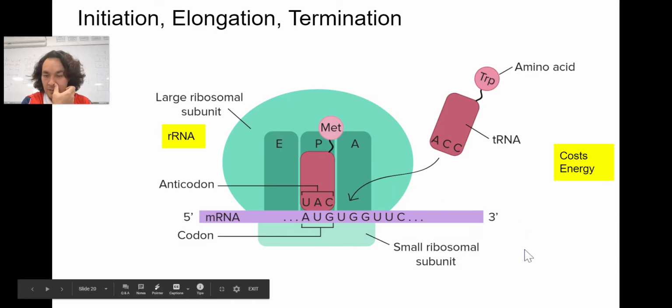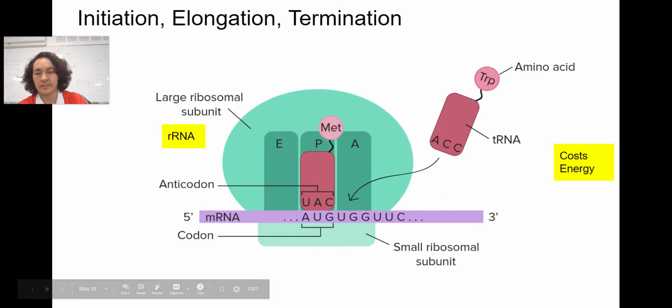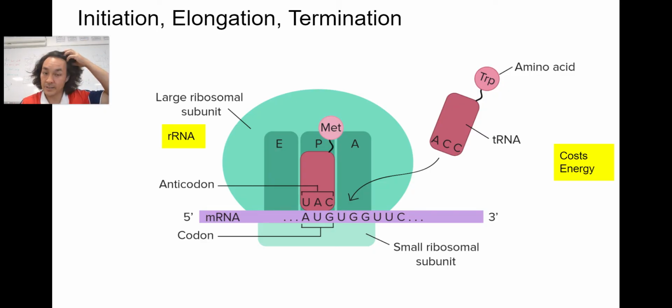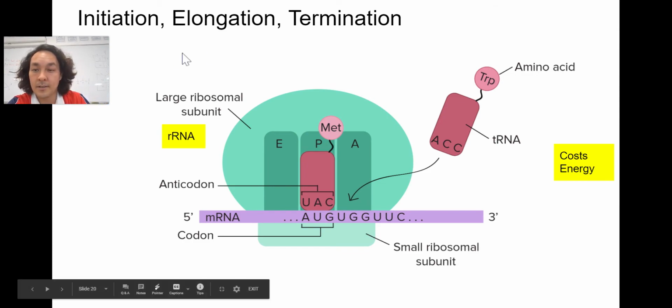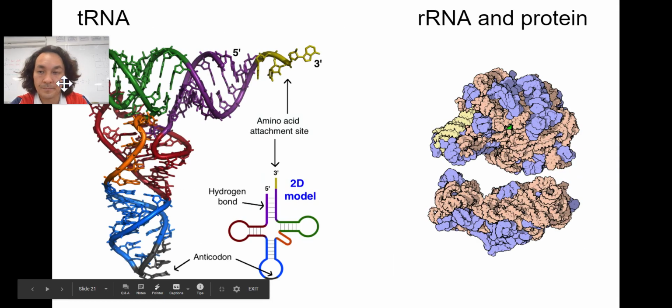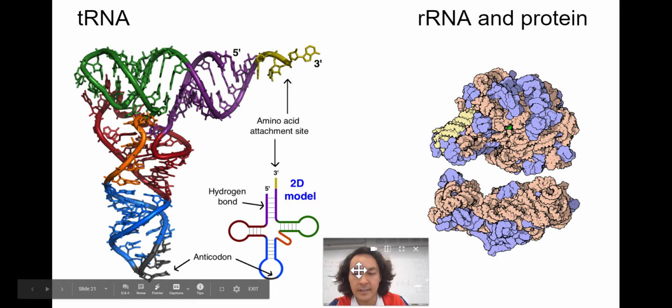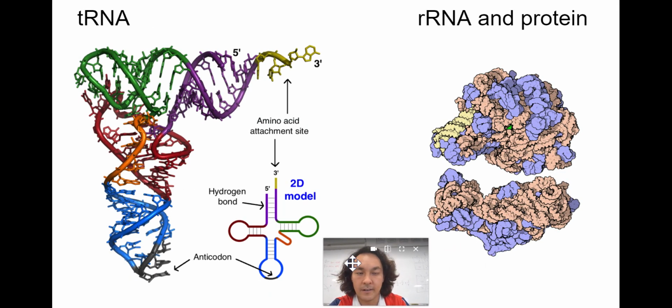So initiation is when it starts, elongation is making the protein, and termination is once it reaches the stop sequence, like a UAG, for instance, and it cleaves the protein and lets it leave the ribosome. Same terminology as transcription. Here is just an in-depth picture of tRNA and rRNA and their shape.